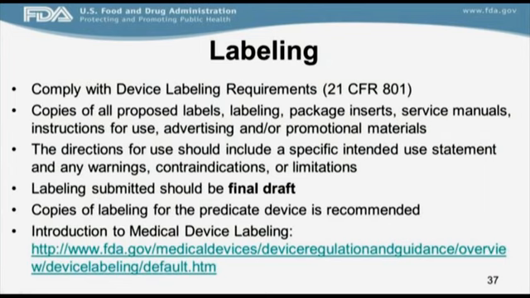Your labeling in your 510K should be submitted as a final draft. Copies of your predicate device's labeling is recommended, but it's not required. If you have additional questions or need further clarification, please refer to the Introduction to Medical Device Labeling as the link provided on this slide.